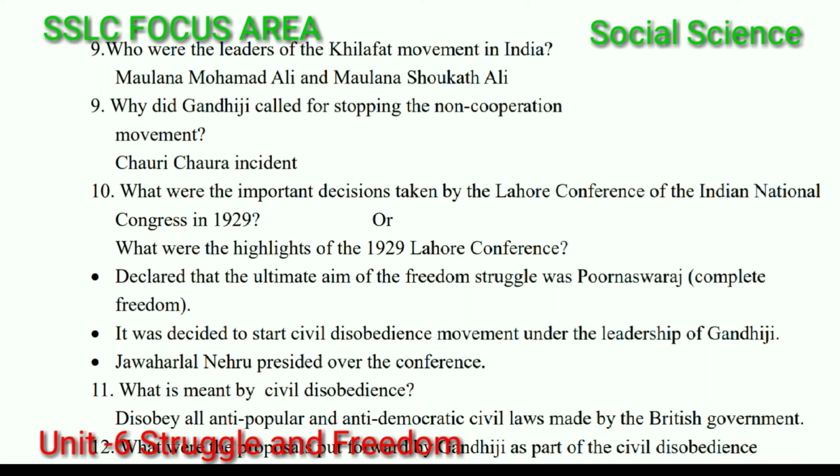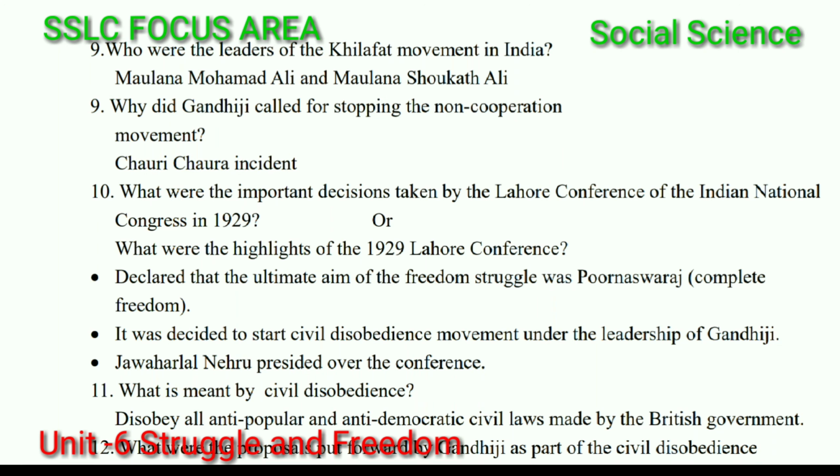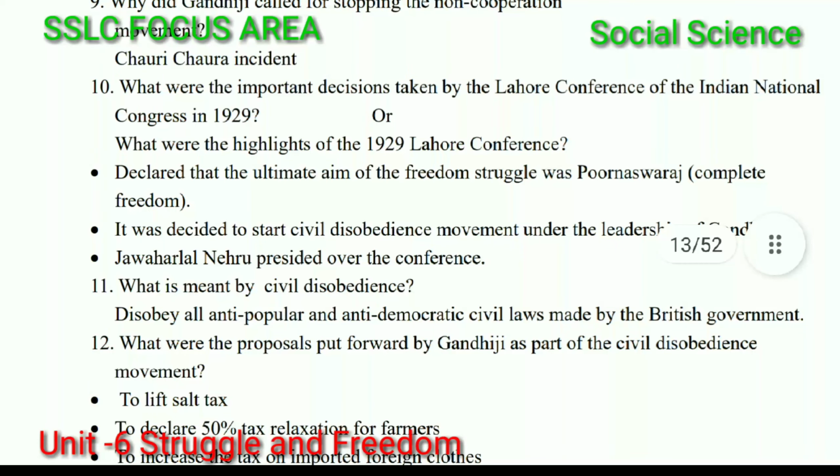What were the important decisions taken by the Lahore Conference of the Indian National Congress in 1929? Or what were the highlights of the 1929 Lahore Conference? It declared that the ultimate aim of the freedom struggle was Purna Swaraj, that means complete freedom of the country.